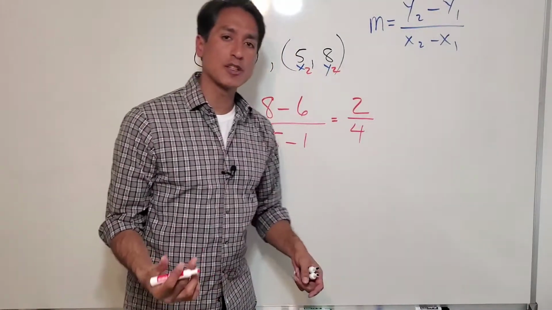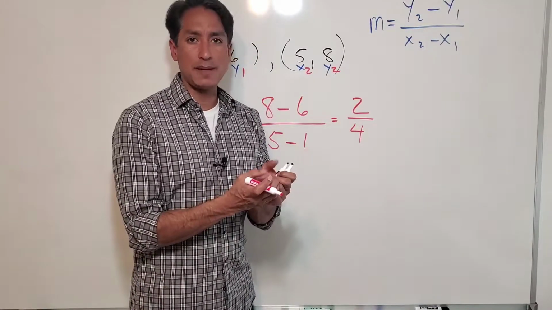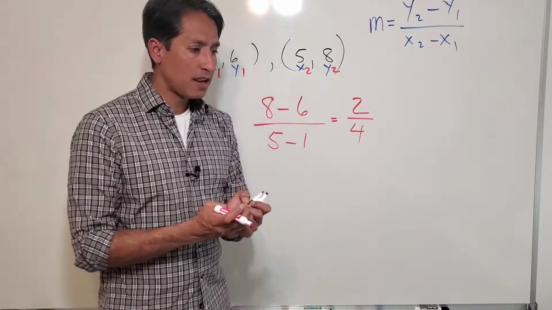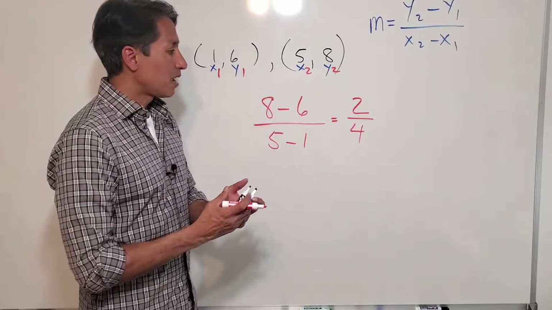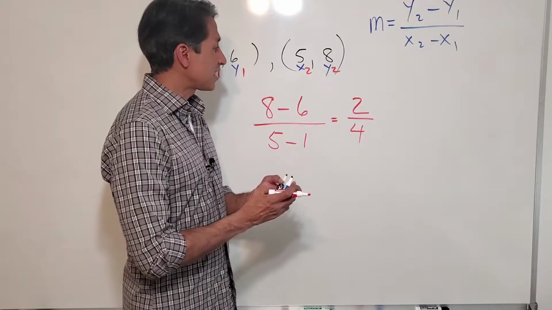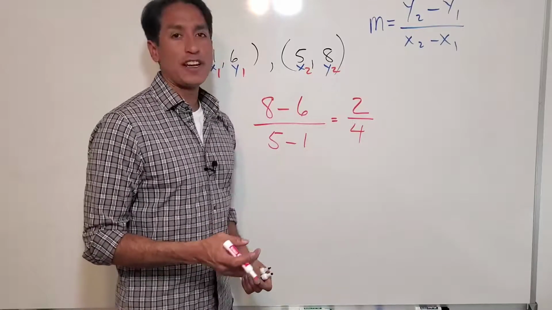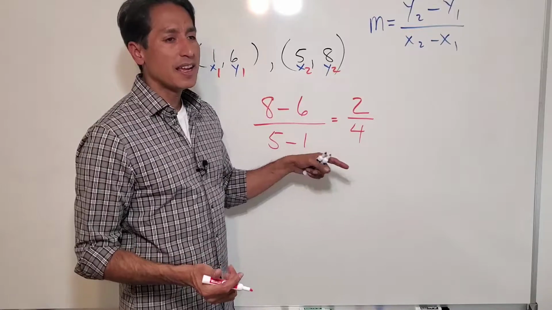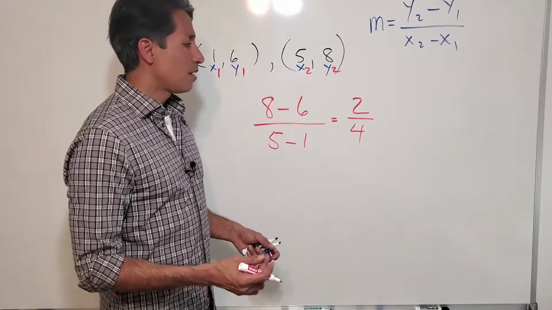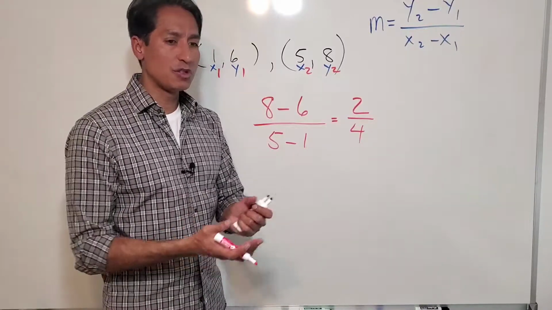Now, if you have a class where you have a calculator, use your F to D button on those Texas Instruments TI-30Xs, whatever they're called, that are made in Texas, and figure out what to do here. 2 over 4, or 2 divided by 4, is 1/2, of course. But if you're not sure, use your calculator.